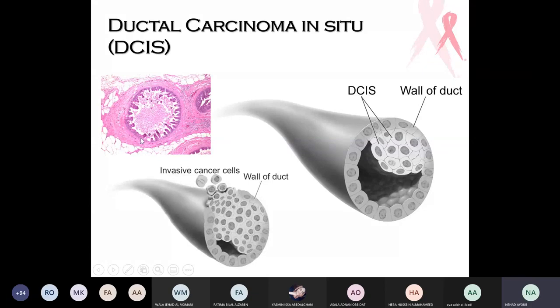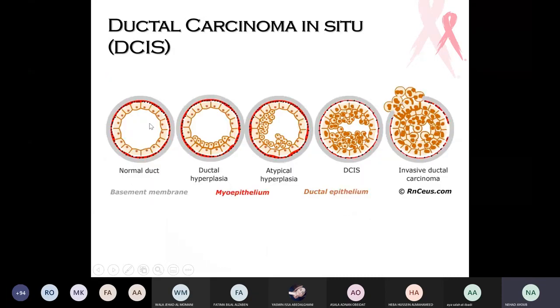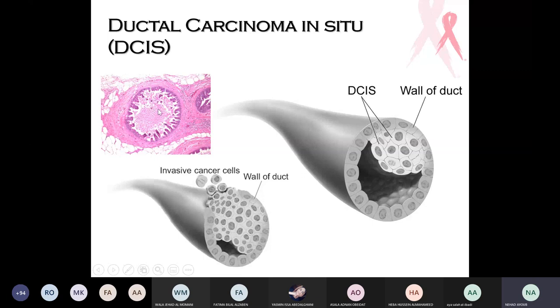وهون في عندي الepithelial cells. You see inside here, these are cancer cells, okay? يعني عادة الدكت لازم يكون empty, أو اللوبيول ما لازم يكون في عندي cells inside لأنه إحنا حكينا the structure is only a bilayer of cells, okay? فبالتالي when I see cells inside the duct or the lobule, but they are not invading through the basement membrane, they are abnormal cancer cells, but they are not migrating or going outside the duct or outside the lobule.